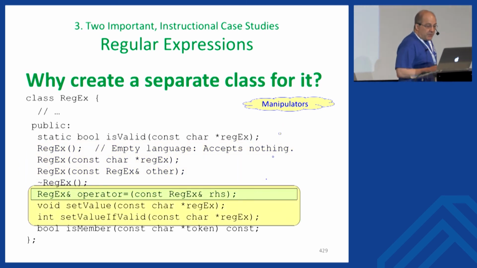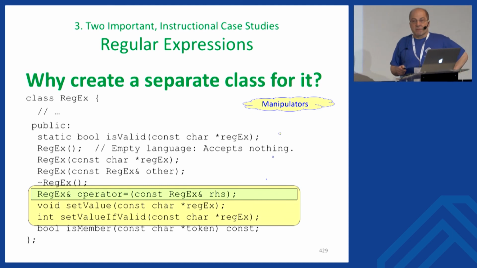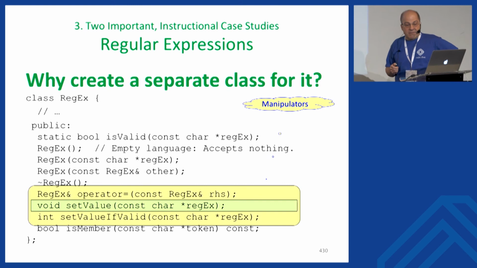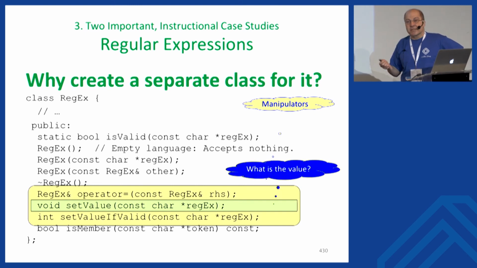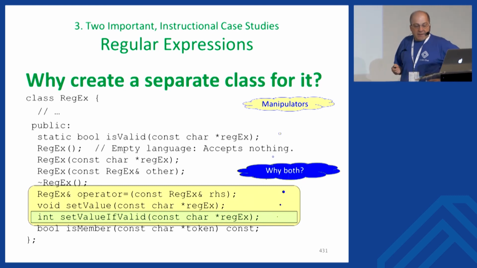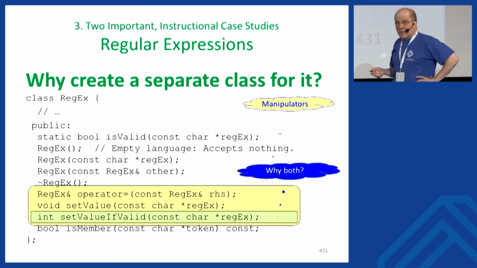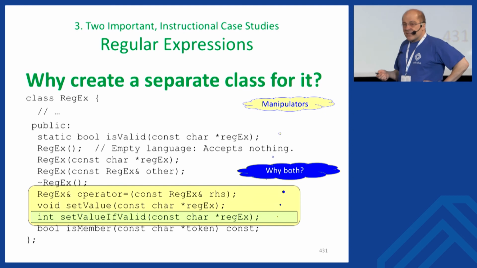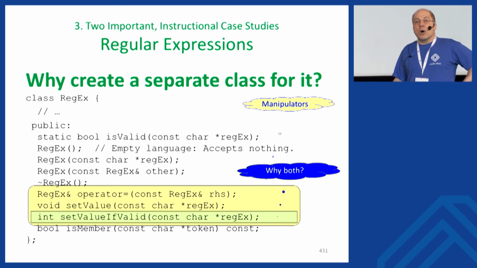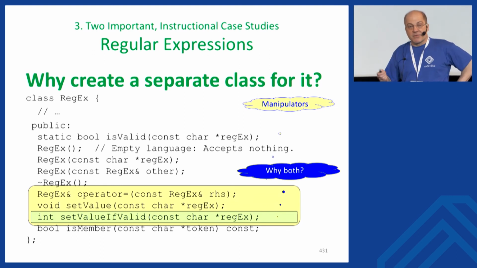So here are the manipulators. I can assign the value. Whatever the value is, I can set the value. Again, what is the value? And I can set the value if it's valid. And you might say, well, why do I need both of these? And the answer is, in general, if you have a complex constrained type, you're going to want to be able to check it to make sure that when you assign it a value, you have a valid value.